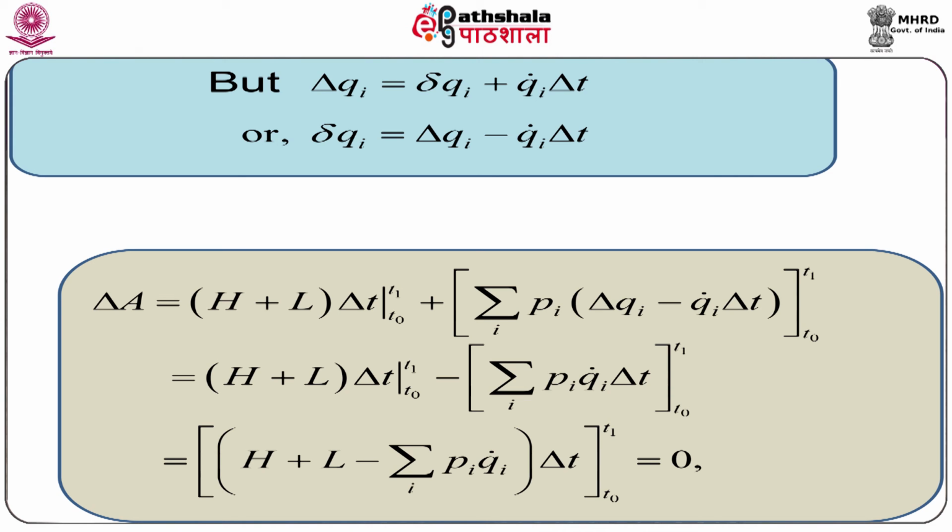Combining these three terms, we have Δ A equal to H plus L minus the summation over i of pi qi dot, into Δ T taken at t0 to t1, equal to 0.